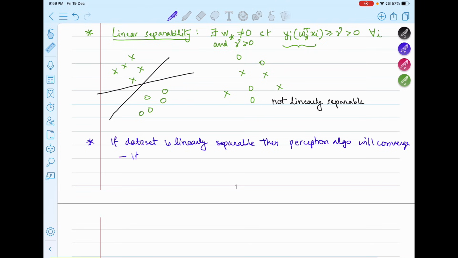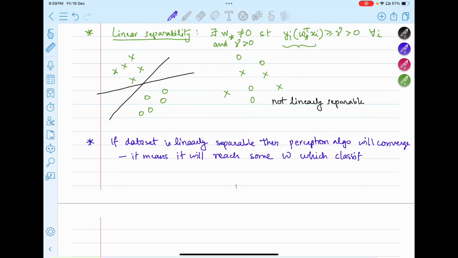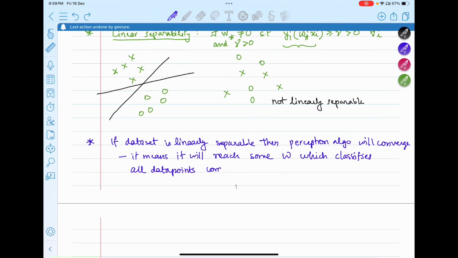It means it will reach some W which classifies all data points correctly, right?